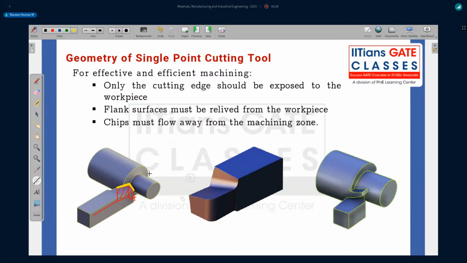For that, what we have to do, we'll see. It means that these shaded ones have to be given inside. You have to push inside. If it is perpendicular to this, then it's okay, but you have to push this inside. Then you're creating two angles for that, right? You're creating this surface and this surface. You have to push inside, some tilted inside, so that only cutting edges will be in contact with the workpiece.